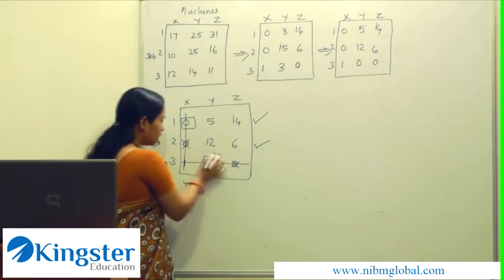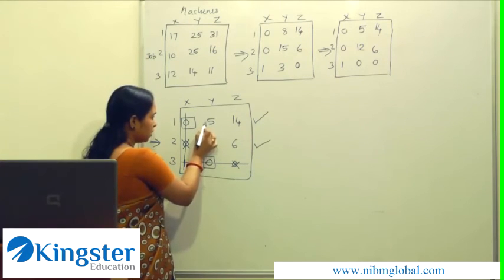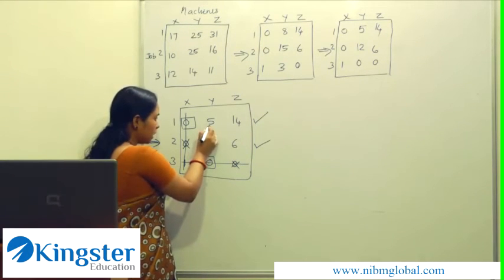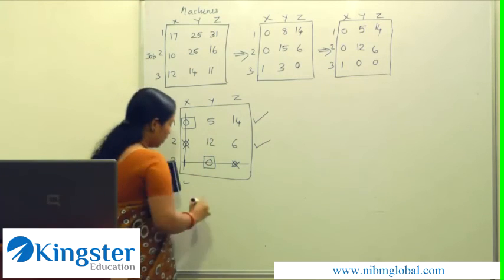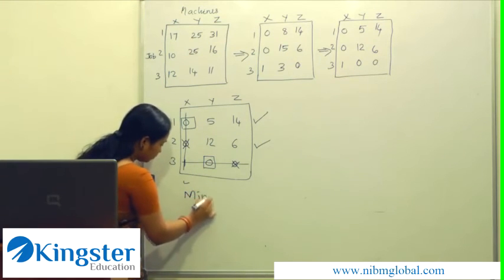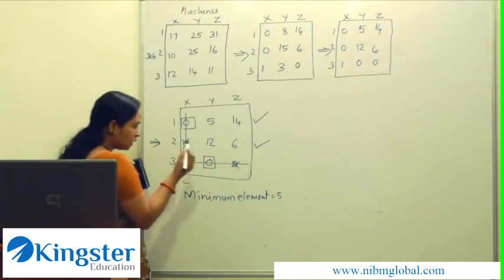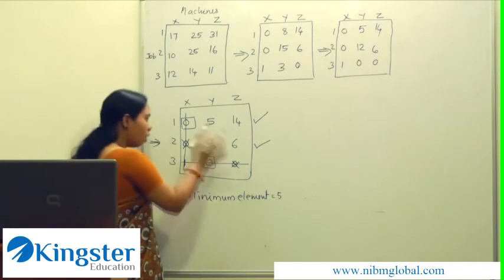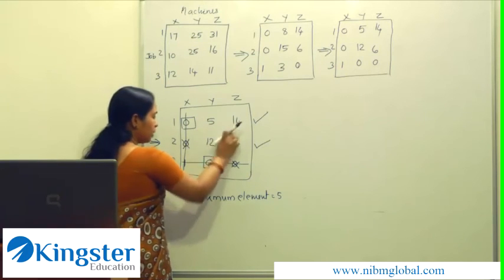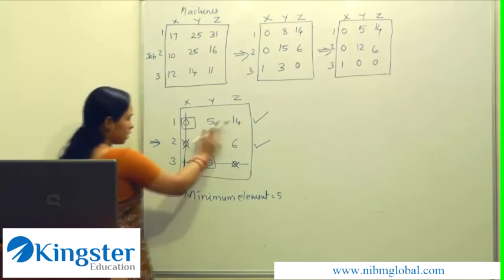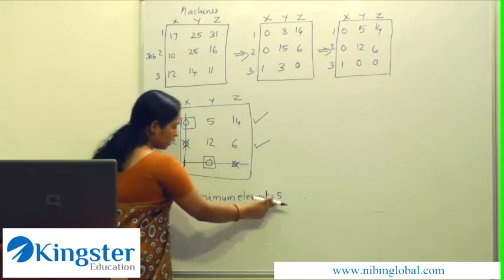So among the elements which are not covered by lines, the minimum one is 5. So select this 5. So the minimum element is 5. Now subtract this element from all the elements which are not covered by lines. All these elements should be subtracted from this 5.